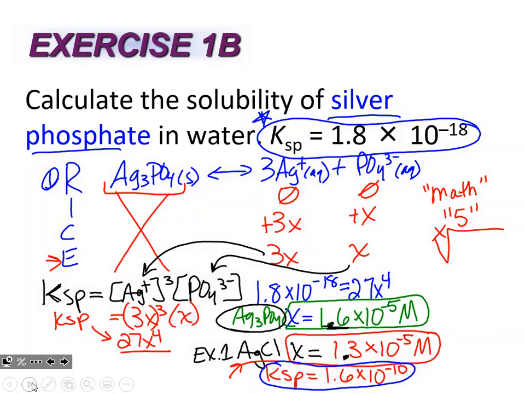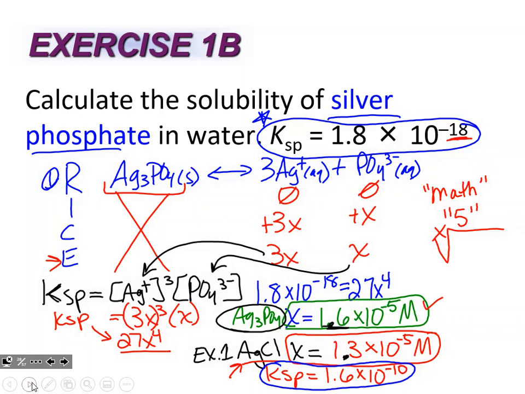So the one that's more soluble is the larger number? Is the Ksp, in this case, the larger one? The lower Ksp actually is more soluble. Oh, the lower Ksp. Yeah, the lower Ksp, this one, 10 to the minus 18, is actually more soluble because the ratio of the ions produces more dissolved substance.